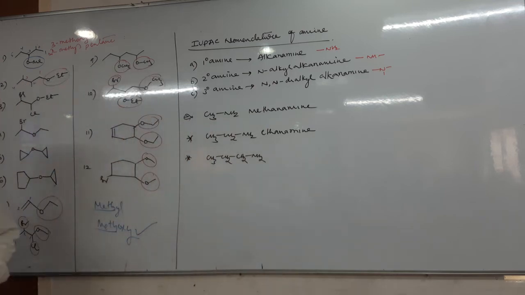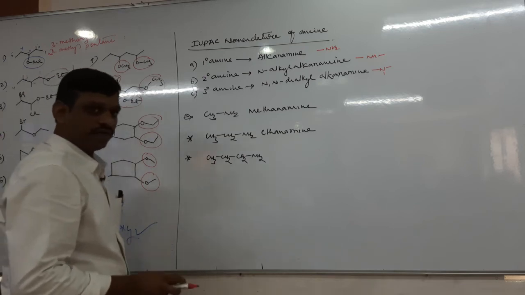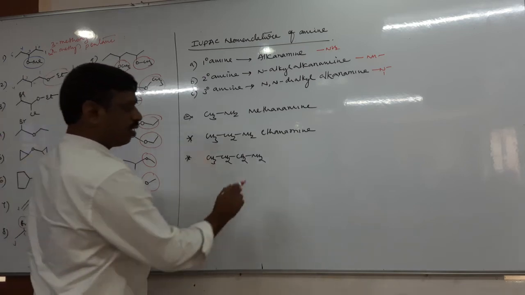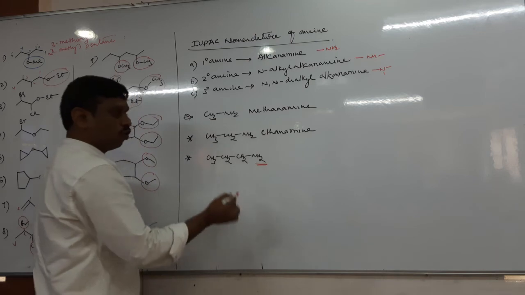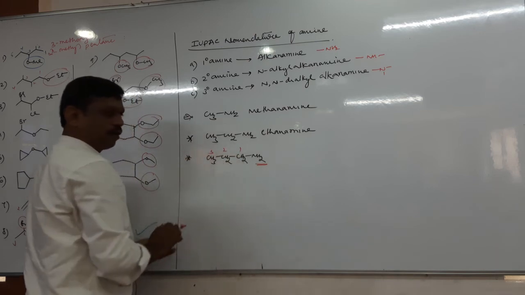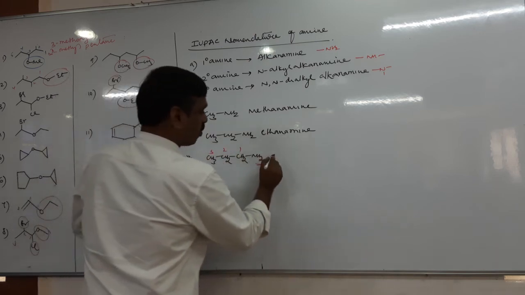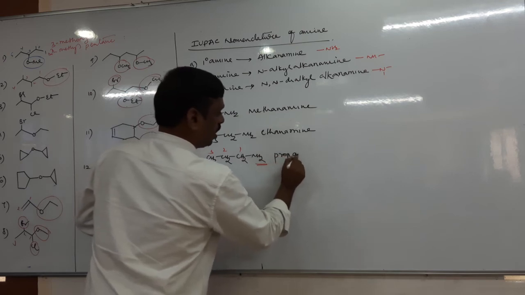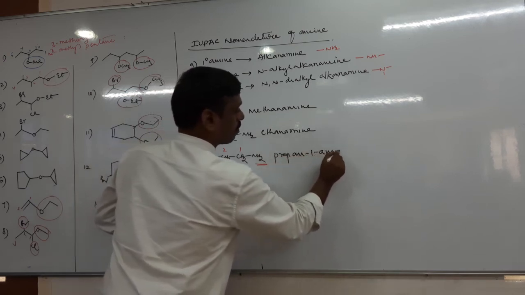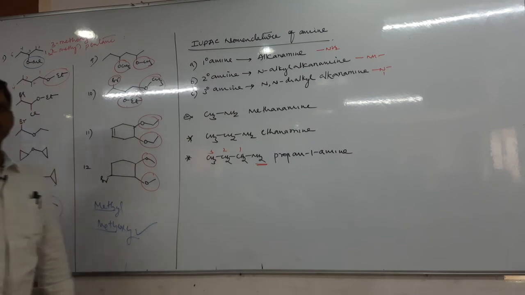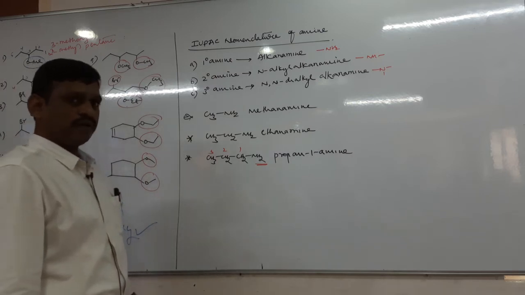If there are 3 or more carbon atoms, we should give the numbering. Then numbering should start from the functional group, 1, 2, 3. It is a propanamine, but which propanamine? Propane-1-amine. In some books it is given as 1-propanamine also, but that is also correct.